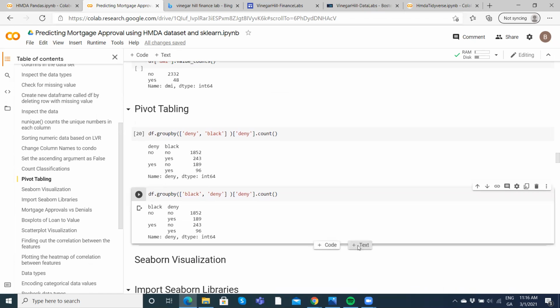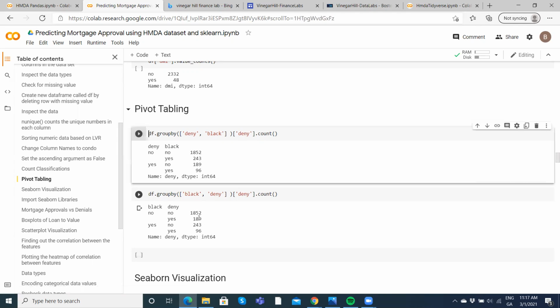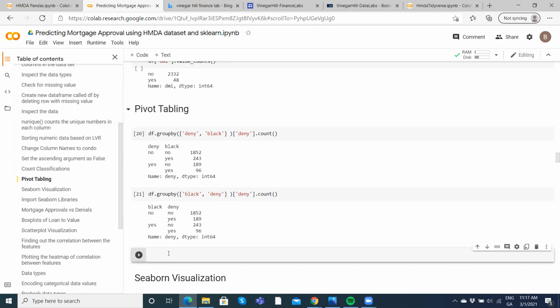Now we won't focus on this too much, but if we want to get a sense of how important this ethnic grouping is, we take 189 and divide that by 189 plus 1,852.